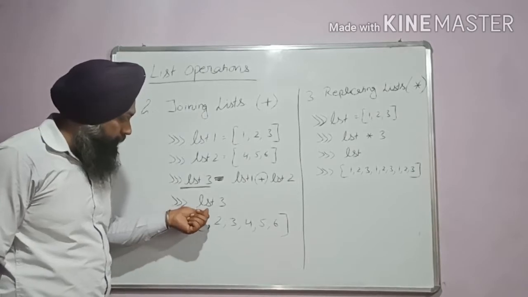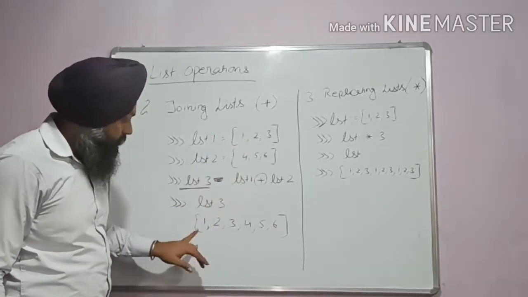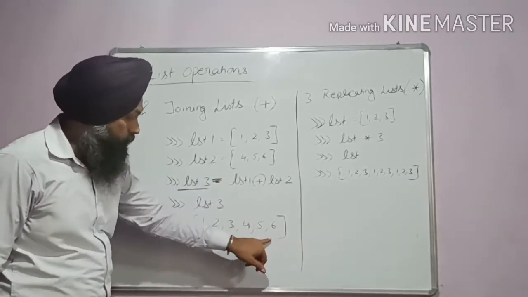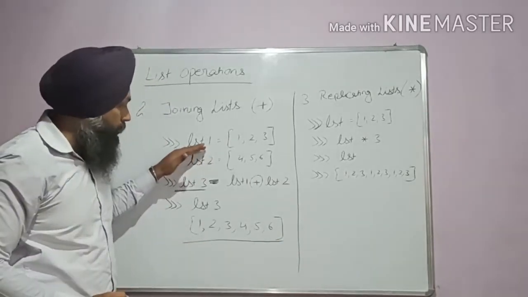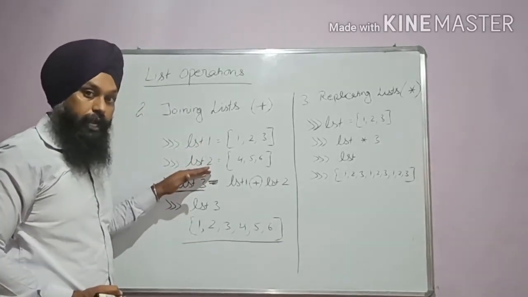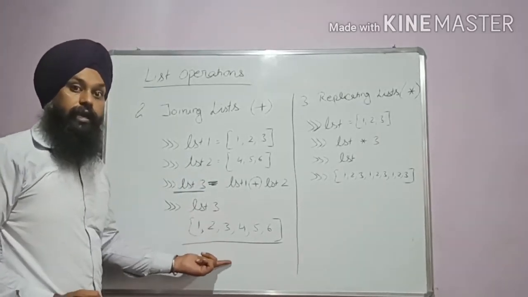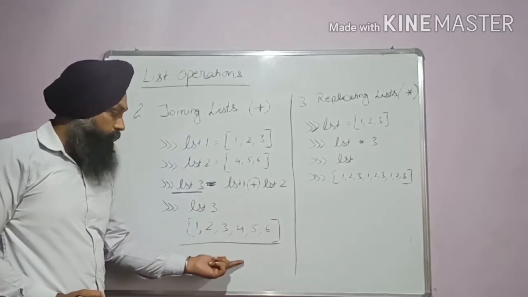When we print this list, we will get a combined result, 1, 2, 3 plus 4, 5, 6. So here we join the two lists, list1 and list2, and we get a new list, list3, having the elements of both list1 and list2.